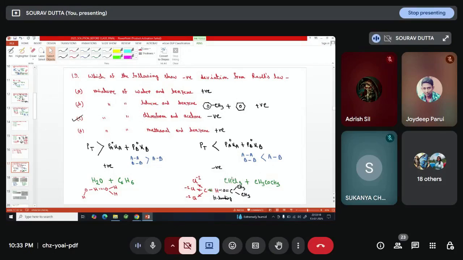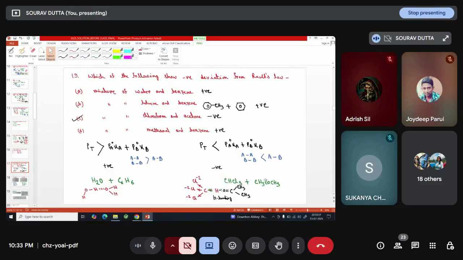I am taking an example, chloroform and acetone molecule. Acetone molecule cannot form hydrogen bonding by itself. Chloroform molecule cannot form hydrogen bonding.